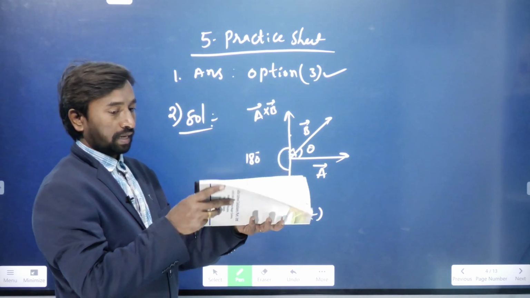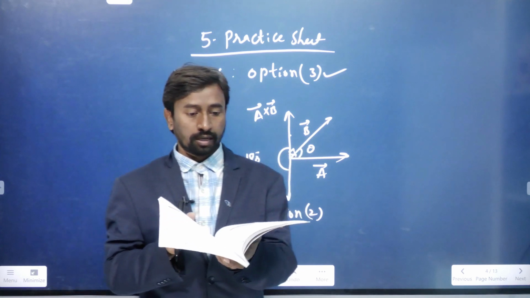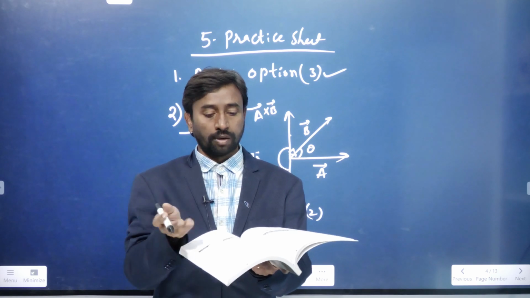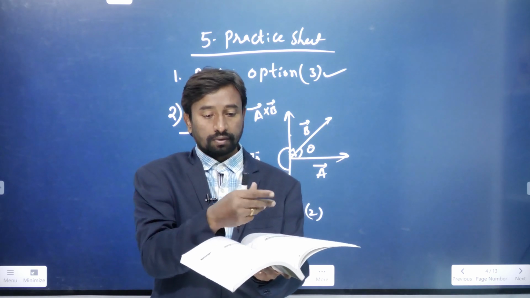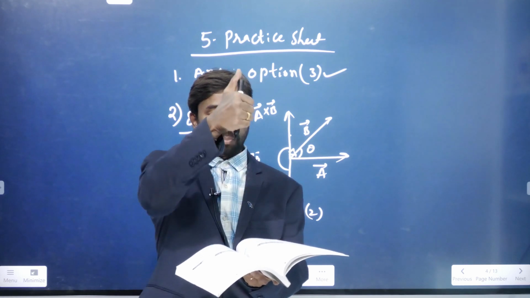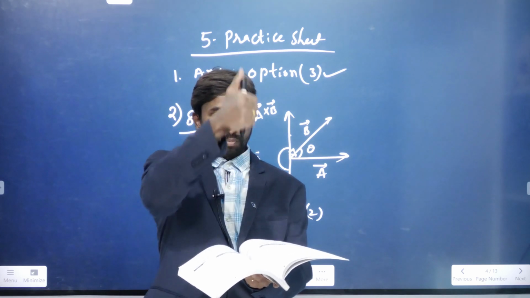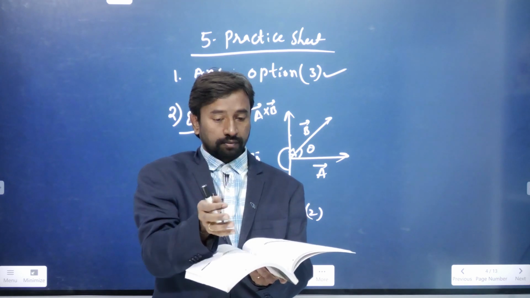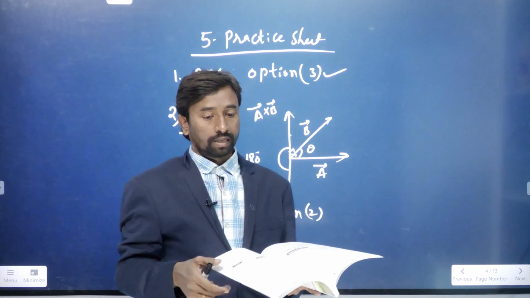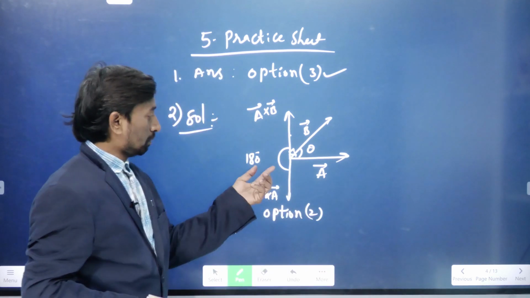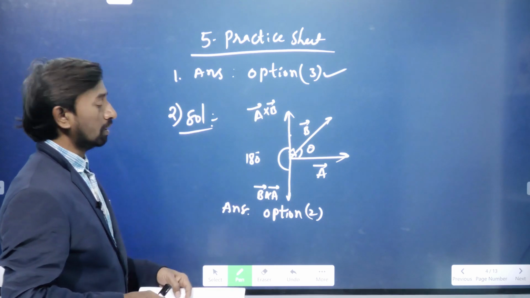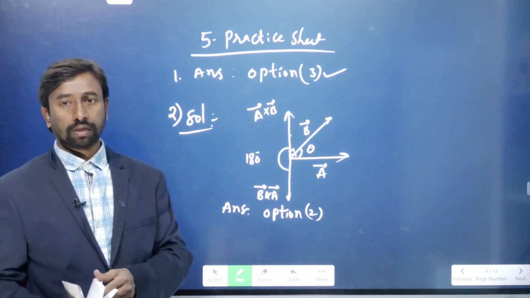Suppose if it is moving in anti-clockwise direction, this a bar is rotating like this. So in anti-clockwise direction, the thumb indicates upwards, upwards of the plane of these two vectors. By using that we can say the angle between a bar cross b bar and b bar cross a bar will be 180 degrees. Okay.